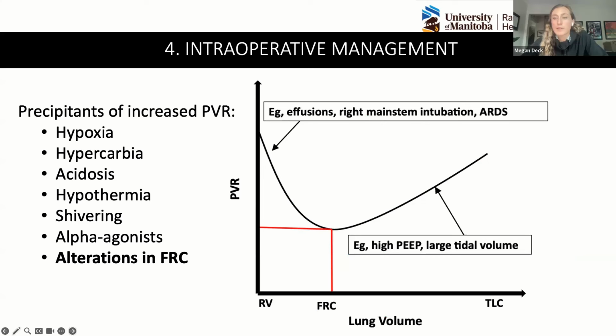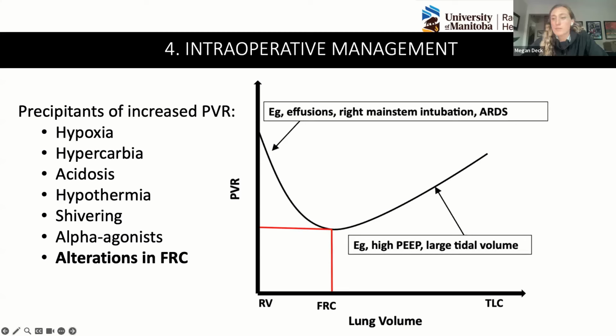While RV to PA uncoupling is the natural consequence of progressive increases in RV afterload, this can be precipitated intraoperatively by a number of factors, including hypoxia, hypercarbia, acidosis, hypothermia, shivering, and the use of alpha agonists. Importantly, alterations in FRC represent a crucial factor influencing PVR. The figure on the screen shows the relationship between PVR and lung volume and is perhaps one of my favorite physiologic figures, mostly because it's really easy to draw.